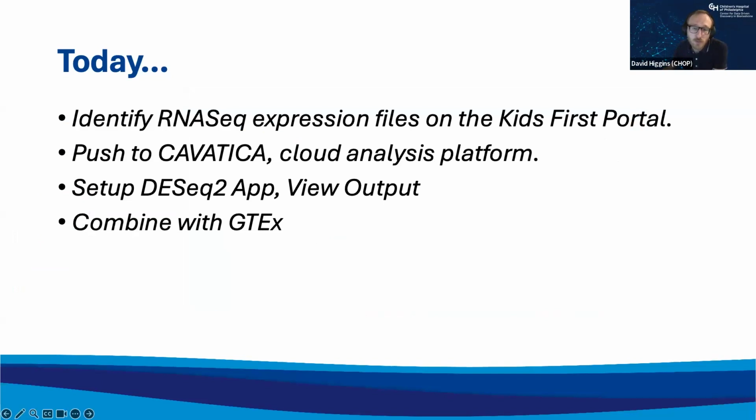We showed how we pushed them to Cavatica, and we ran our DESeq2 app, and then we were able to view output in RStudio. And then I showed a couple different ways that you can combine GTEx data and bring it into Cavatica as well. So that way you could scale your analysis up and combine the two different DCCs together.